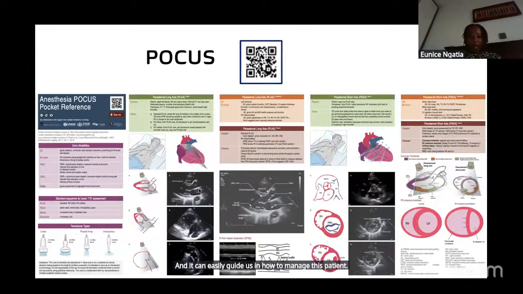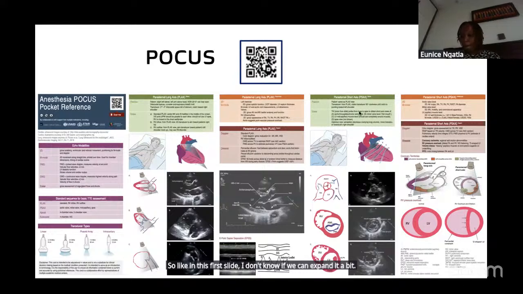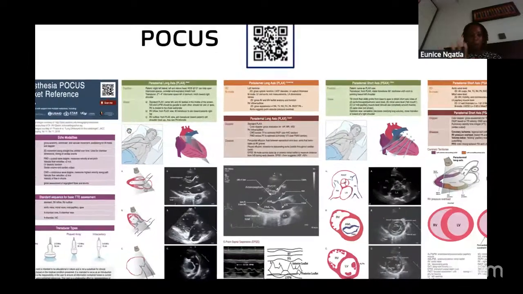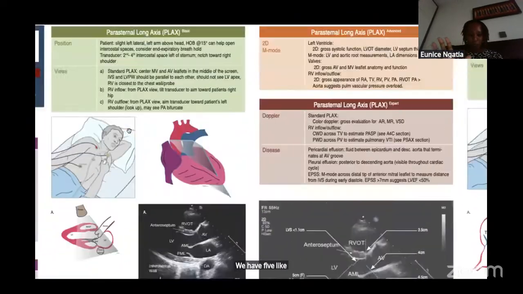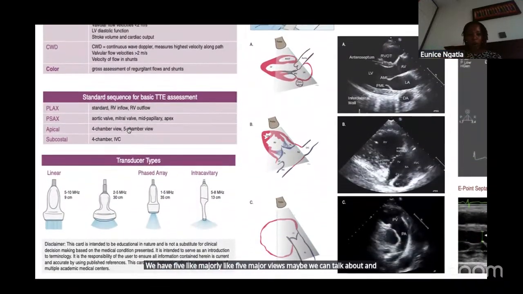In this first slide, I don't know if we can expand it a bit, we have five major views. It will just be an overview.